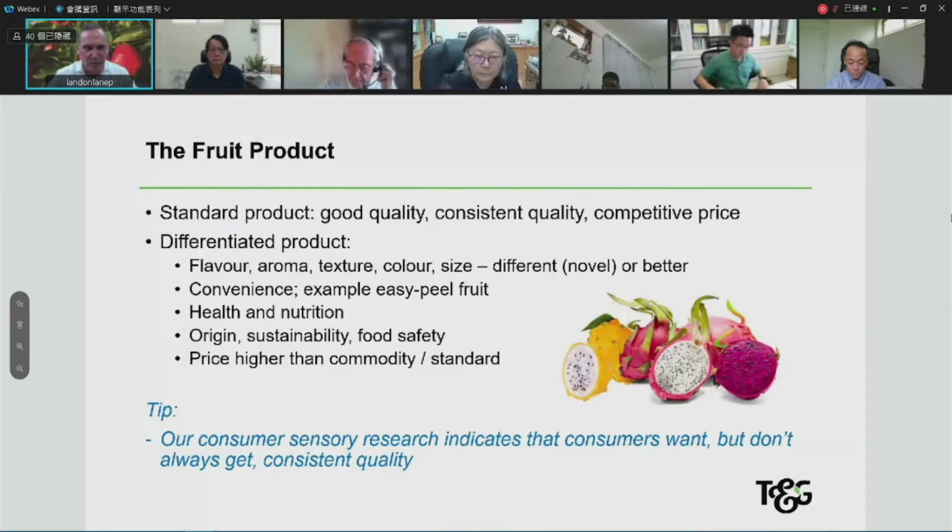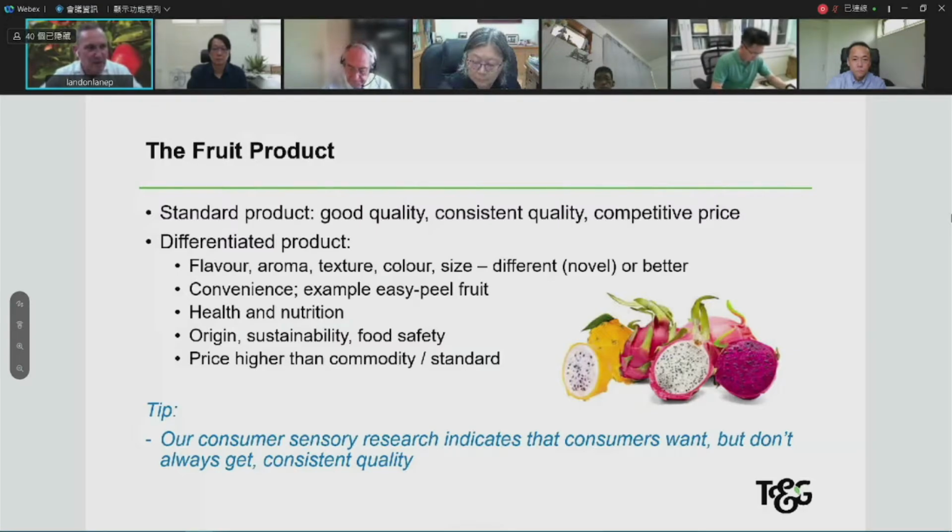Sometimes it's good and sometimes it's not good, so I don't know what to buy. On the other hand, some fruits and some suppliers are able to achieve consistent quality and the consumers are never disappointed. And that is the way to build a successful business. Even if your product is no different compared to the existing ones, but it is more consistent in quality, then you have a good competitive position.